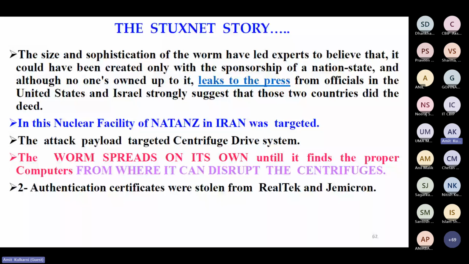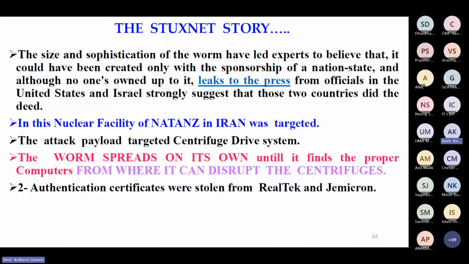This left Iran no option but to shut that nuclear facility. Though Iran never accepted that it was due to the Stuxnet attack, the very objective of those responsible, for Iran not to become a nuclear power, got success during that time.